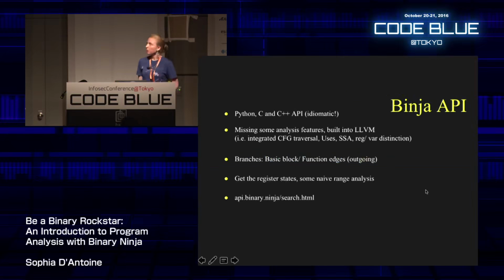All right, so I showed you a little bit about Binary Ninja's API, but it's very robust. And that's because the developers of Binary Ninja actually went ahead developing a decompiler and disassembler based around the fact that they wanted an intermediate language API.